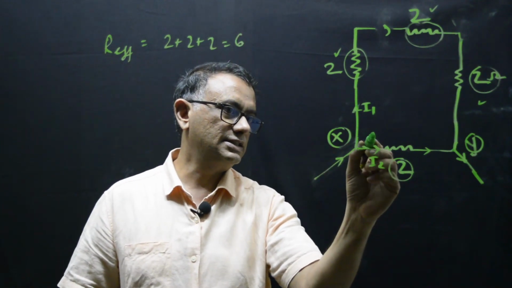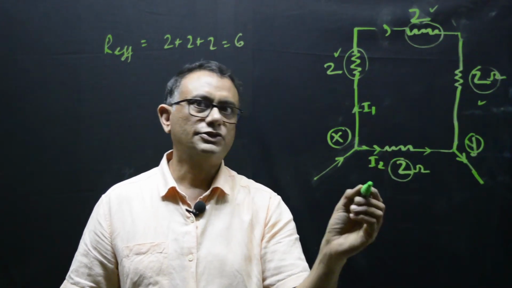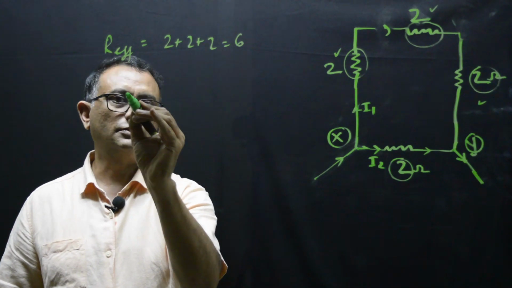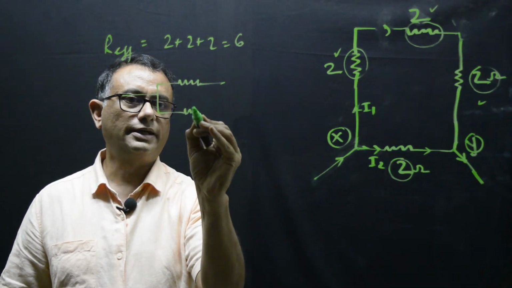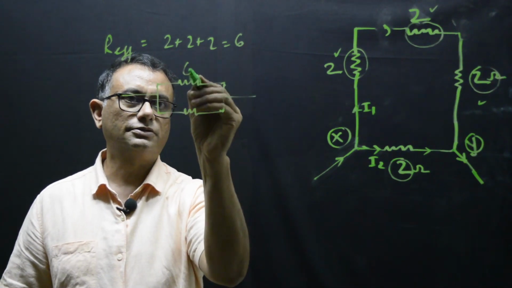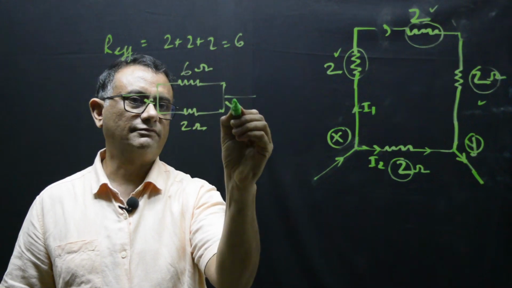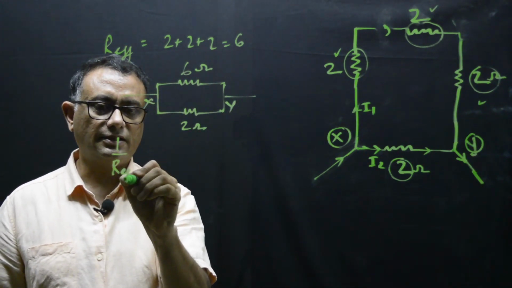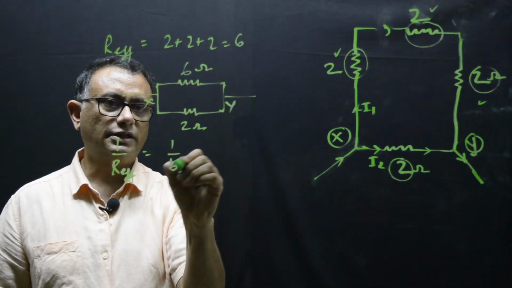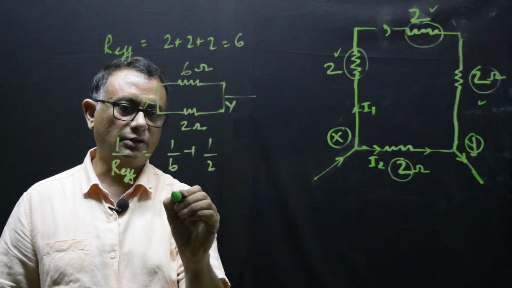And then in this limb I2, we have only one 2 ohm resistor. So the effective diagram now becomes 6 ohms and 2 ohms between the points X and Y. We quickly see that this is a parallel block. Therefore, we use 1 by R effective is equal to 1 by R1 plus 1 by R2.